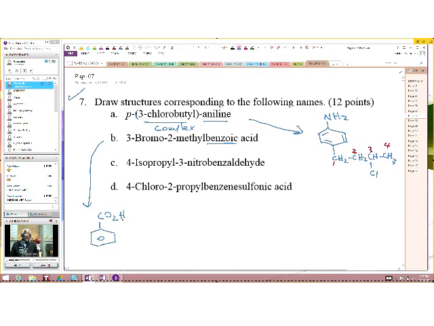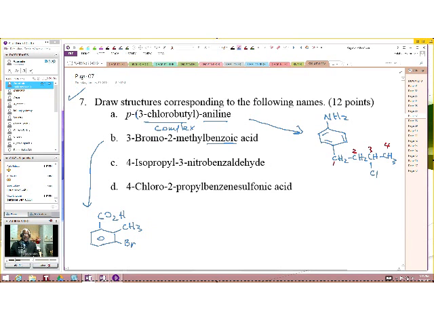That is benzoic acid. Now they say 3-bromo, which means the bromine is in the 3 position of benzoic acid, and then the 2-methyl. Keep in mind, the carbon attached to the carboxy group of benzoic acid becomes carbon number 1. Therefore, this is 3-bromo-2-methylbenzoic acid.